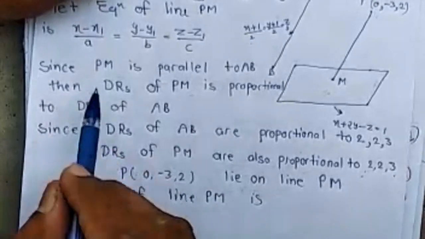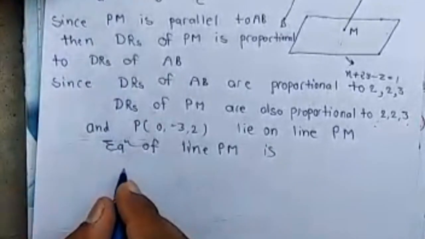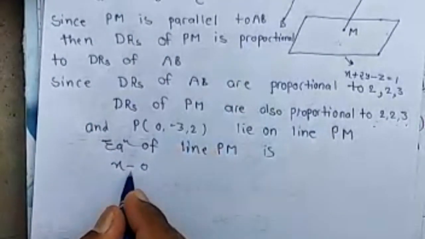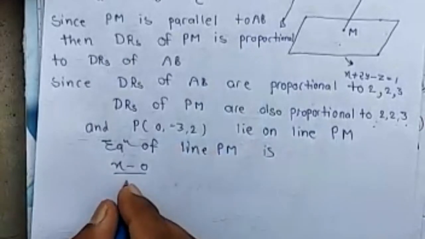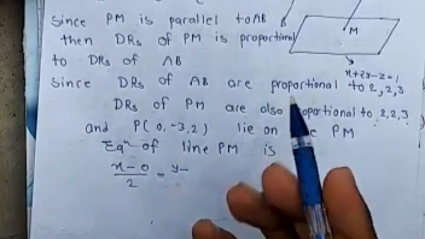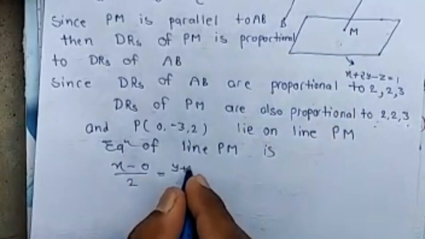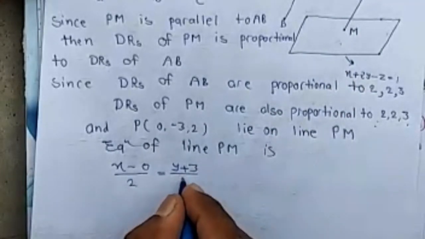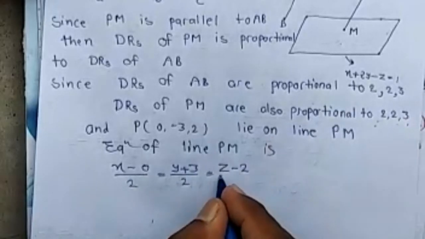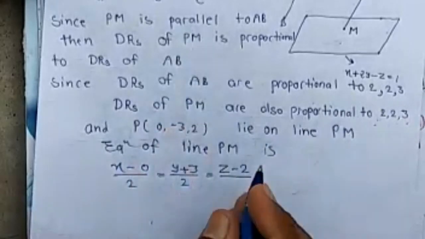is (x - x1)/A, means (x - 0)/2, (y - y1) means y + 3, by B which is 2, (z - 2)/3, where C is 3.